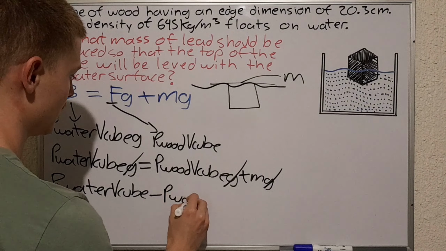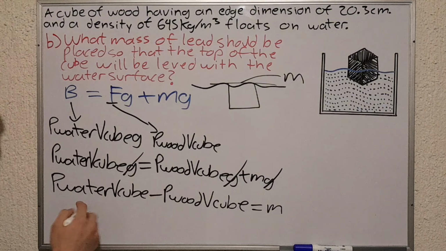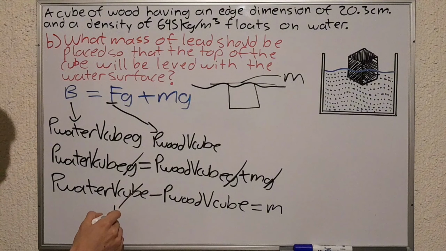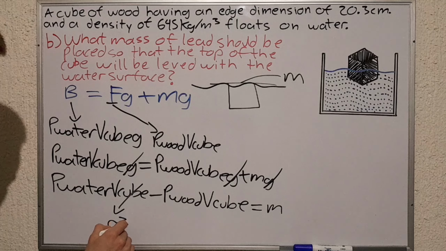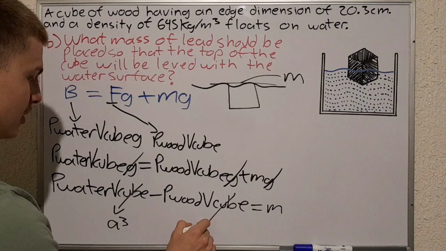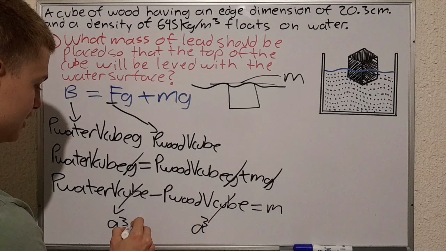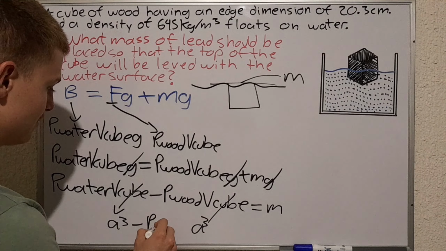We know that the volume of the cube is the cube of the edge dimension, the cube of one side. So this becomes a cube, and this is a cube as well. This is the density of the wood, and this is the density of the water. This would be equal to m.